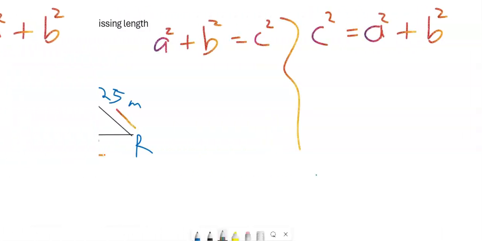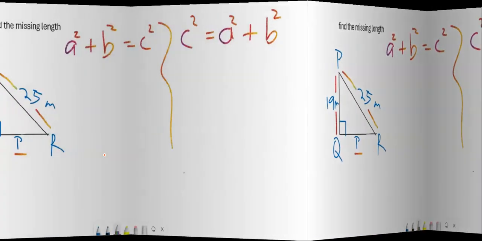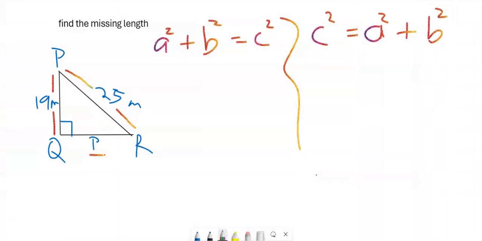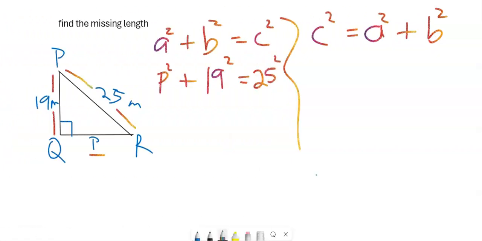So remember, in our formula, c represents the hypotenuse, right? And a and b are the two short sides. It doesn't matter which one you put where, once the hypotenuse is in the right place. So I'm going to write p squared for the missing side, and then the short side that we have is 19. And we have the hypotenuse, which is c, so that's 25 squared over there.